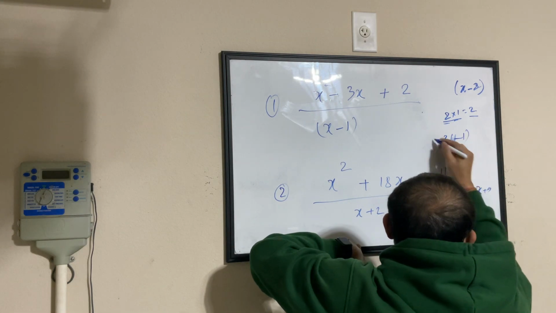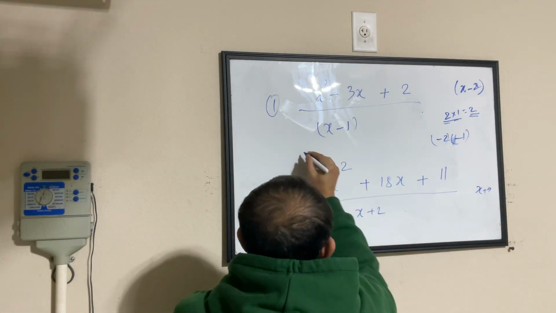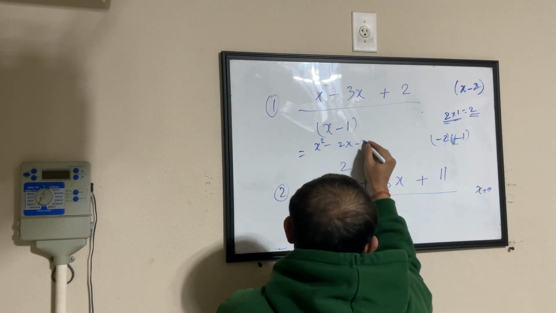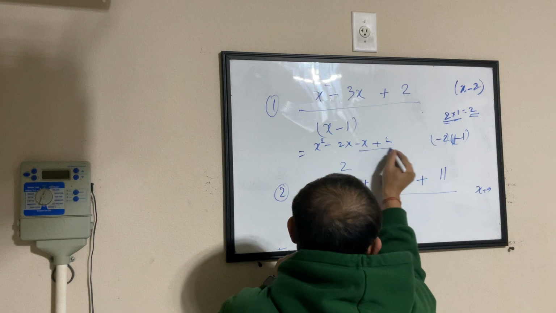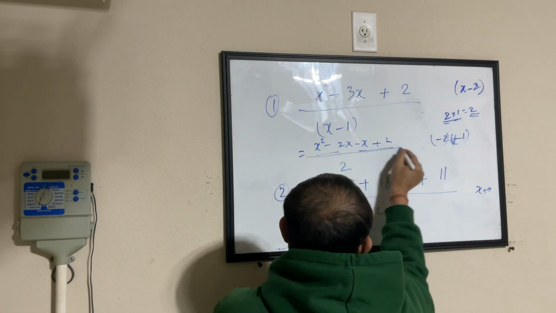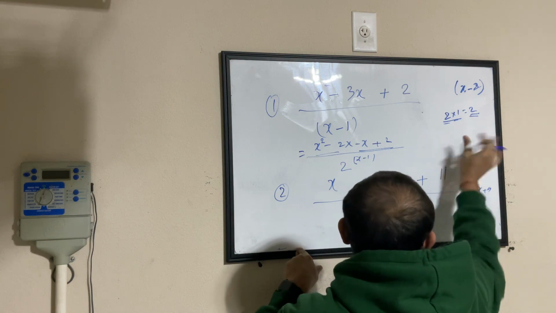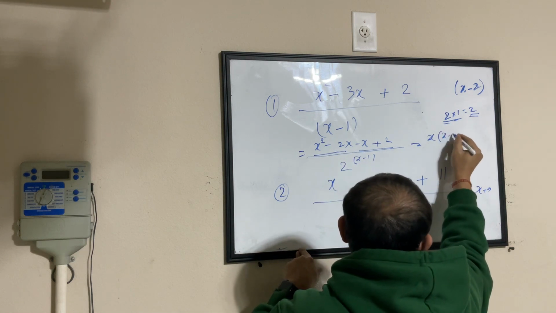Because if I multiply these two, I also get a 2. So that works. Here, this part becomes x squared minus 2x minus x, which put together is minus 3x plus 2. You take these two together, and divide by x minus 1. Taking x common, it becomes x minus 2.